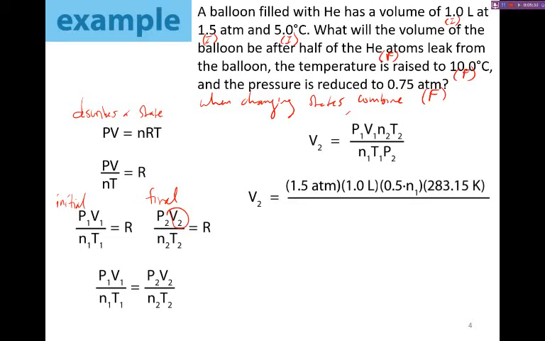We know the final temperature, the initial moles, the initial temperature, and the final pressure. And so what we see then is because there's a proportion in the number of moles, those moles are going to cancel out. The units of atmospheres will cancel out, and the units of Kelvin will cancel out.